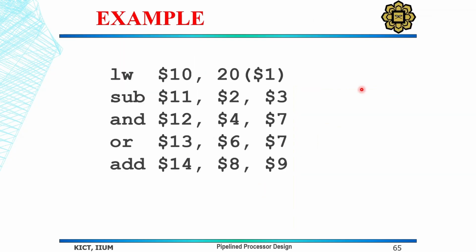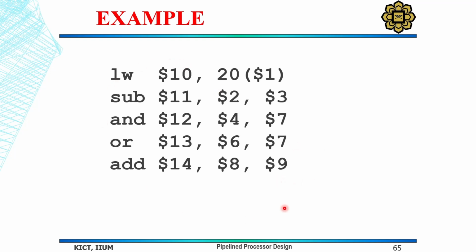To understand this pipeline processor design further, this slide shows a simple instruction sequence that we will use to trace through the pipeline stages and understand how pipelining works in practice. The sequence is a load word, then a subtract, then a bitwise AND, then a bitwise OR, and finally an addition. Why this example?